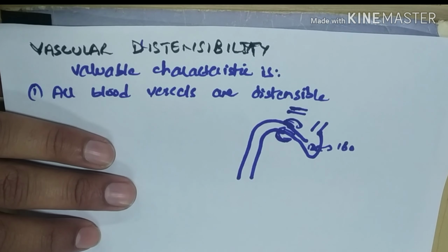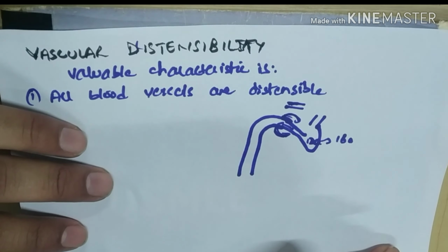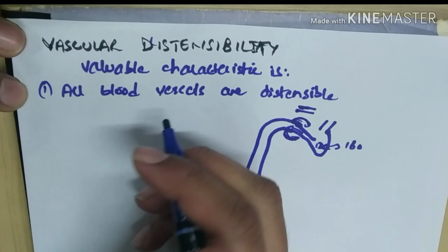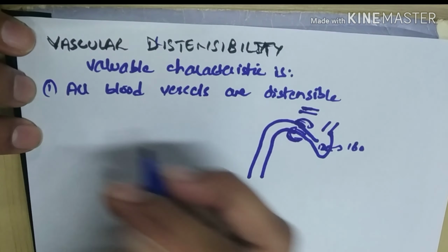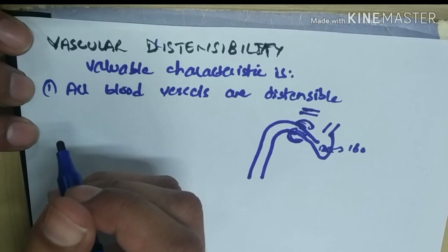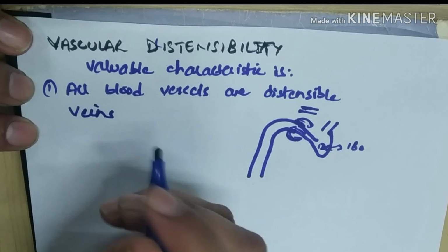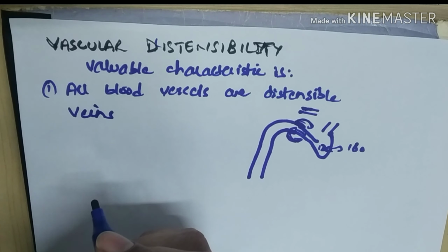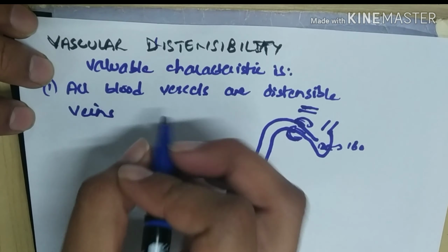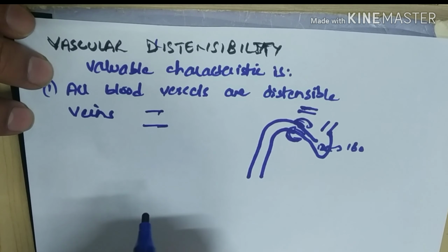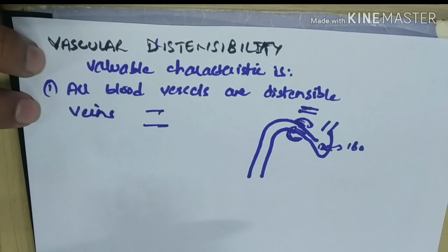Now, all blood vessels are distensible, but the most distensibility is found in veins. Veins are the most distensible because they can accommodate a large amount of volume because of the large space as well as because of their capacitance, which I will be teaching later.